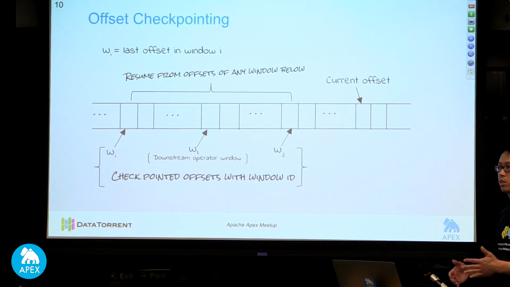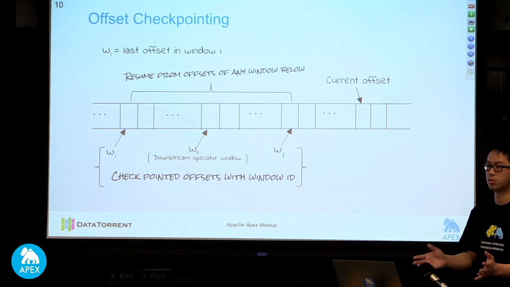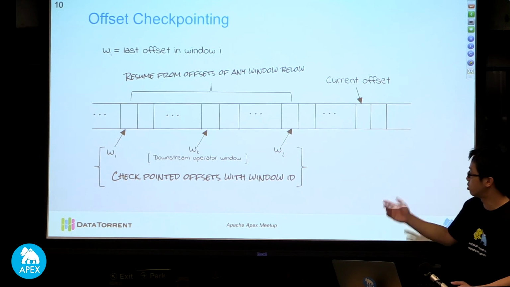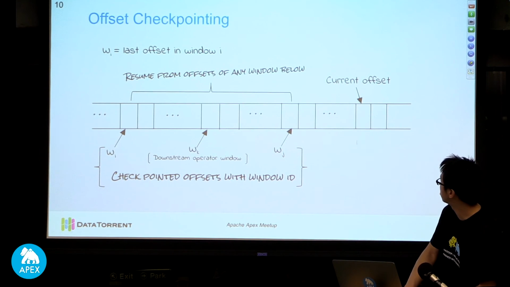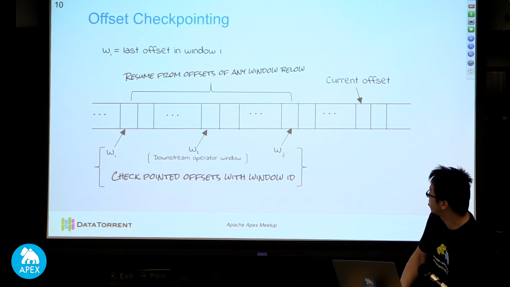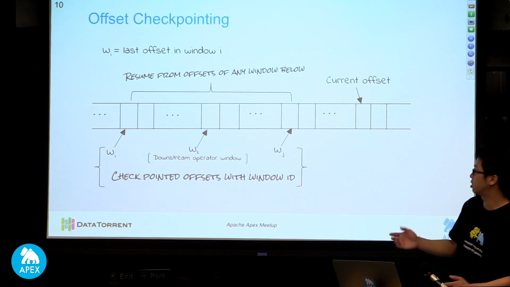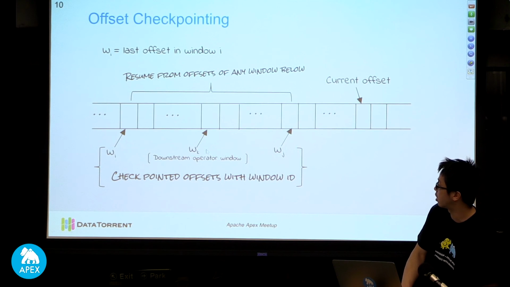In an Apex application, different operators have different process speeds, so they could be in different windows. Let's assume now this Kafka input operator is at window P, but the downstream operator could lag behind. It could still be in window K, let's say.